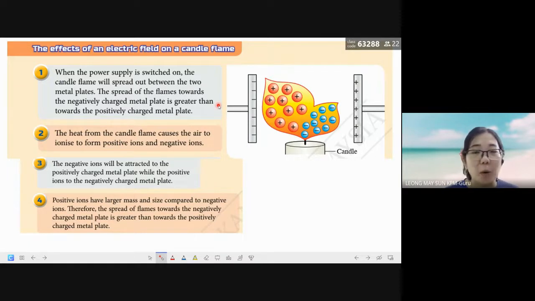Electrons are much lighter compared to protons by 10,000 times. Therefore, the speed of the flame towards the positive plate is much greater compared to the flame moving towards the negative plate, because the mass of the positive ions is much greater, about 10,000 times greater. So this is what happens to the candle flame in an electric field.